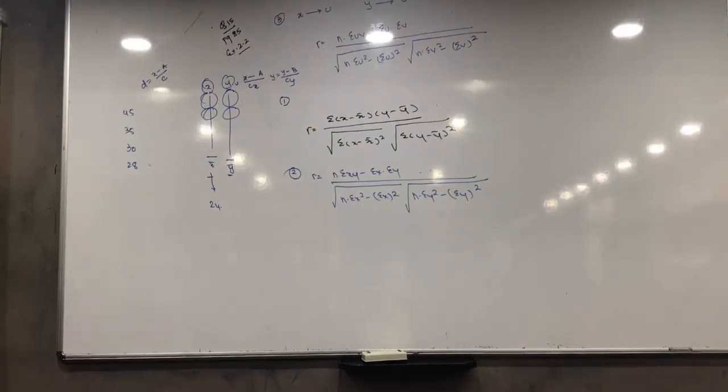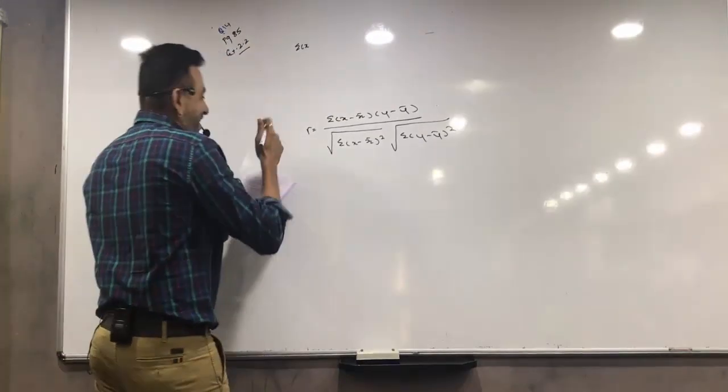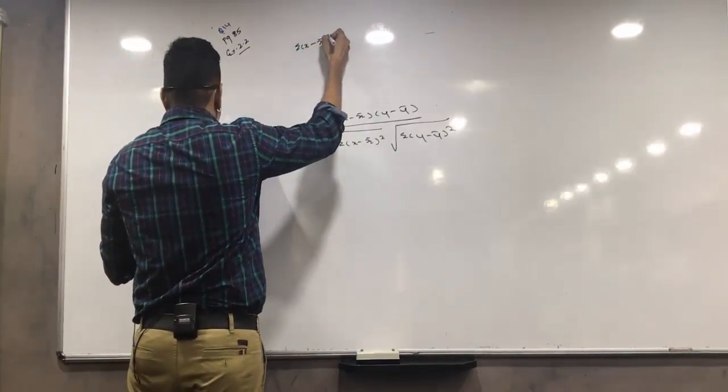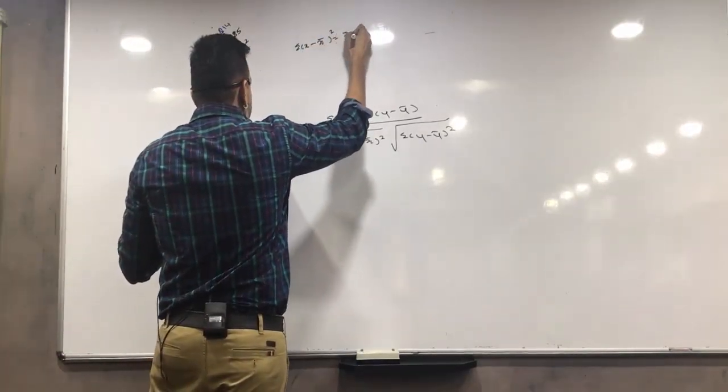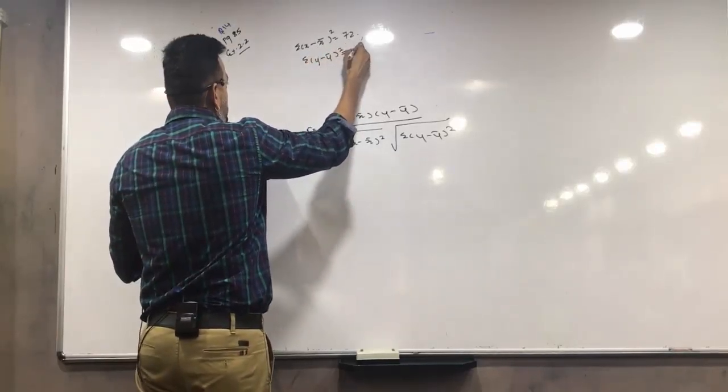Now, question number 14, the first sum. Which formula will we use? We'll use the first formula. Any doubt in this? Okay, let's use it and finish it off. 14 part 1. Sigma (x minus x bar) whole square is 72. Sigma (y minus y bar) the whole square is equal to 32.